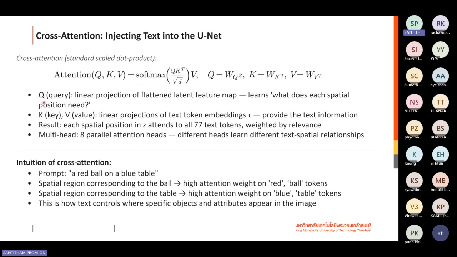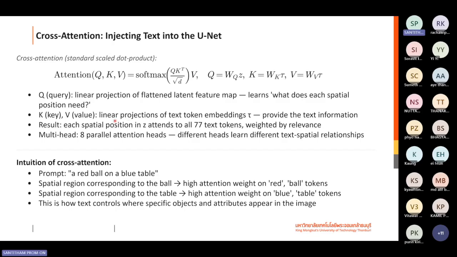Okay, you have query, right, and key and value in transformer. So Q would learn the attention here. The attention of the Q and K and V is the dot product of K and Q, right? Query and key together, and then softmax to become a type of mask and then multiply by V. Okay.